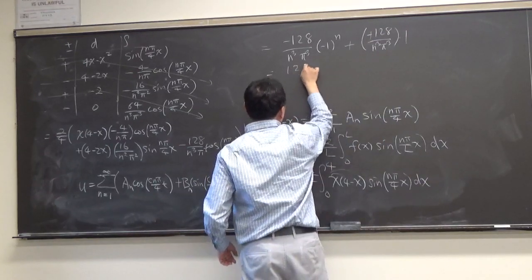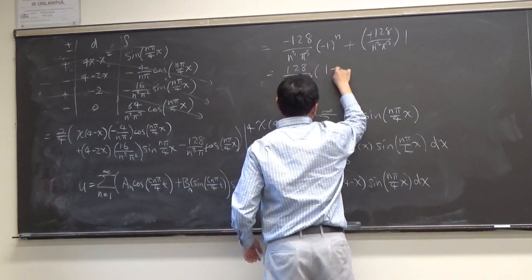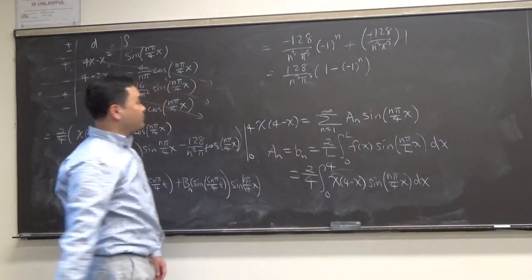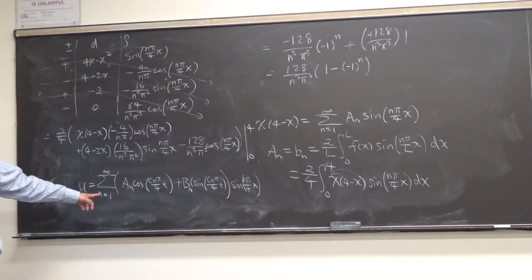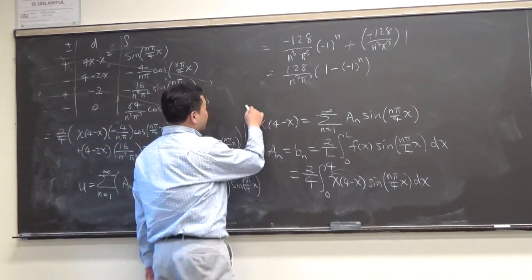So it will be 128 over n cubed pi cubed, 1 minus negative 1 to the nth power. So that's going to be your an. Bn is 0, so now we can finally write down the answer.